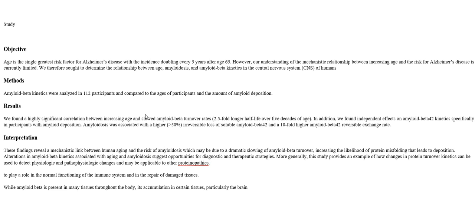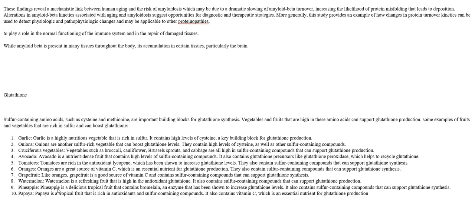The study provides an example of how changes in protein turnover kinetics can be used to detect pathophysiological changes and might be applicable to other proteinopathies, to play a role in the normal functioning of immune system and repair damage issues. While amyloid beta is present in many tissues throughout the body, its accumulation in certain tissues, but particularly in the brain.